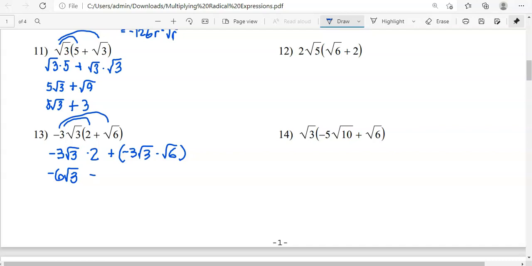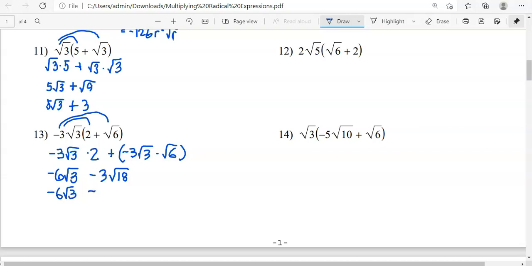Tapos, multiply natin yung radical, yung 3 and 6. Etong 3, kopyain lang natin. Okay, times square root of 3 times 6. The answer is 18. Okay, then, kopyain muna natin yung unang radical. So, negative 6 square root of 3.